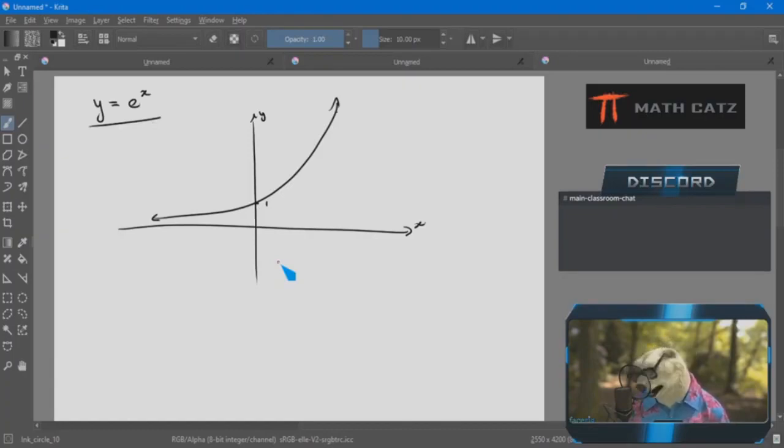Just close your eyes. You have to know the shape. You have to know there's a horizontal asymptote on the left. It approaches infinity on the right. Y-intercept of 1. You have to close your eyes and picture the shape if you want an easy time moving forward. And so many people don't have that skill, knowledge, I don't know, that picture.